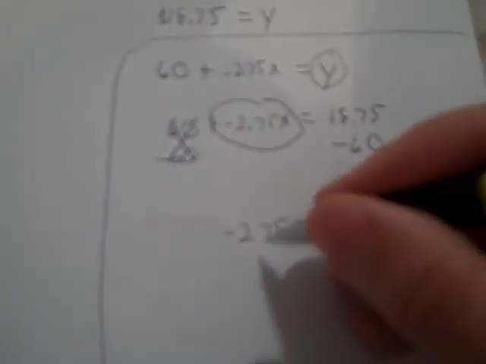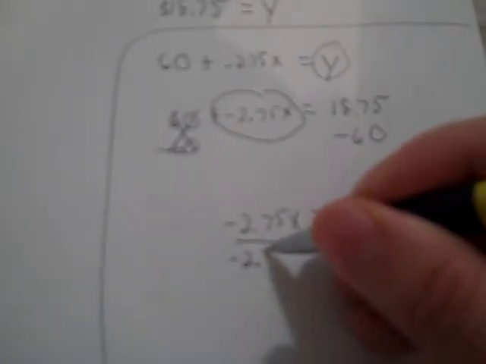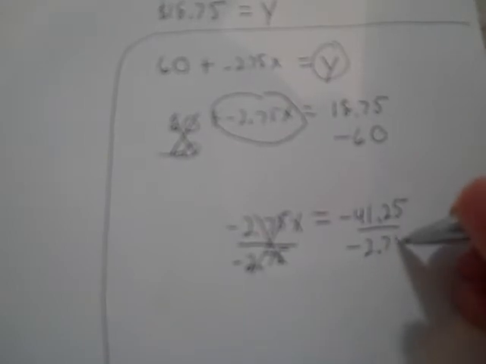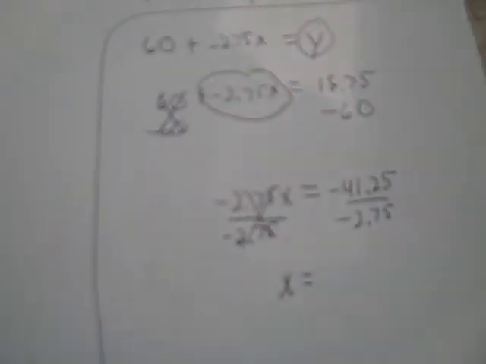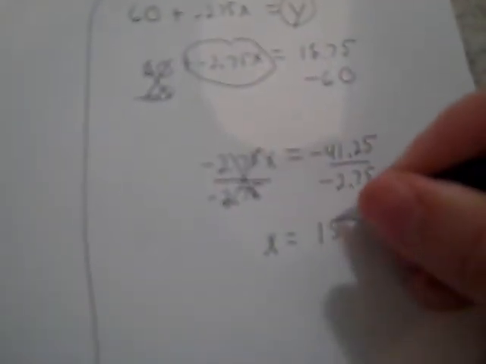Again, trust the process, and then divide both sides by your coefficient, negative 2.75, negative 2.75. And then we have x, negative 41.25 divided by negative 2.75, and I got 15. Okay, so we have 15 days.